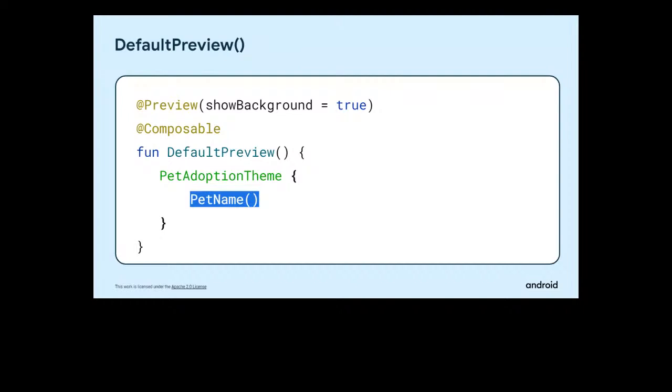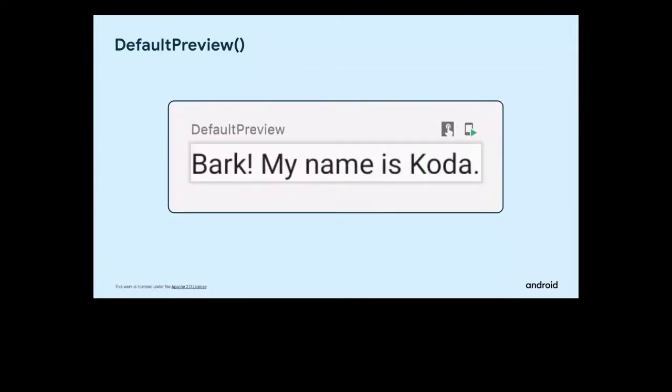What pet adoption theme is, we will get to know when we create an application using Android Studio. So what this default preview outputs is this. You get a small box with a white background, and that will be Bark, my name is Koda. The text is contained in there.